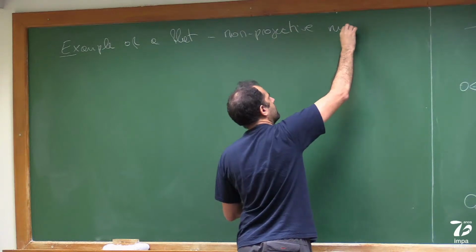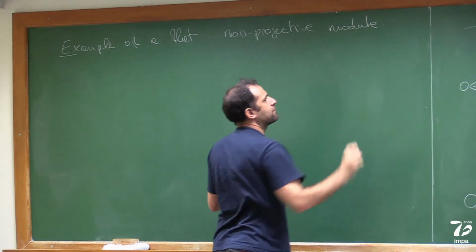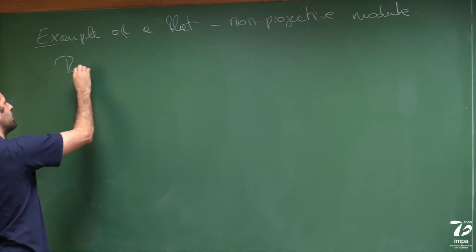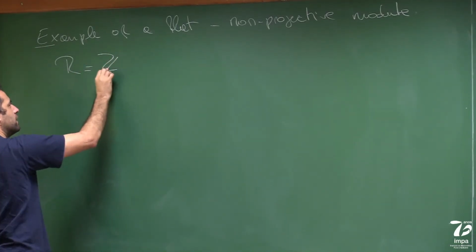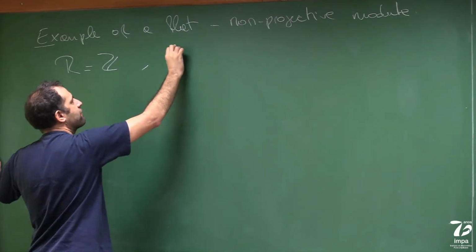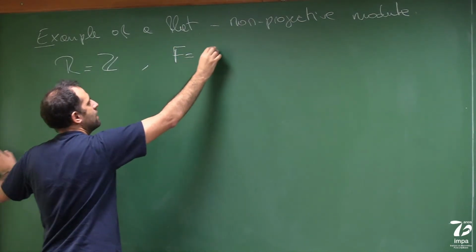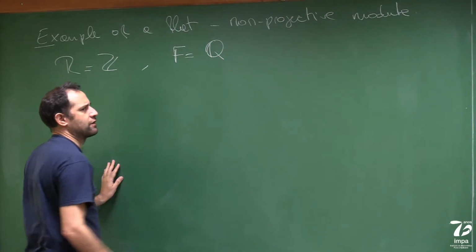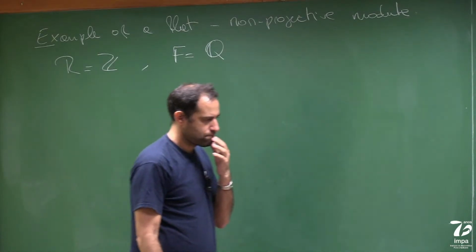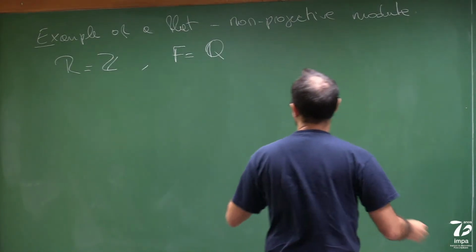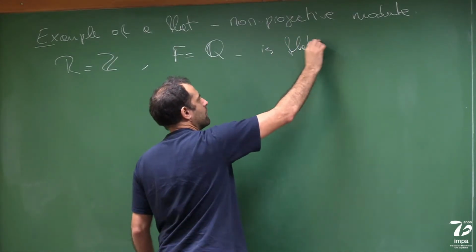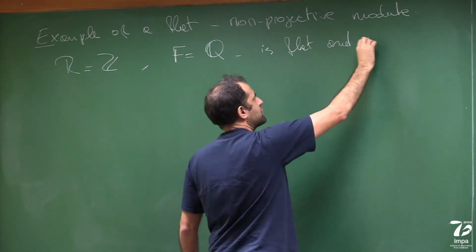The canonical example of such a thing is to take the ring R to be just the integers and the module, let's say F, to be the rationals, or the rationals divided by Z. So this guy here is flat and not projective.